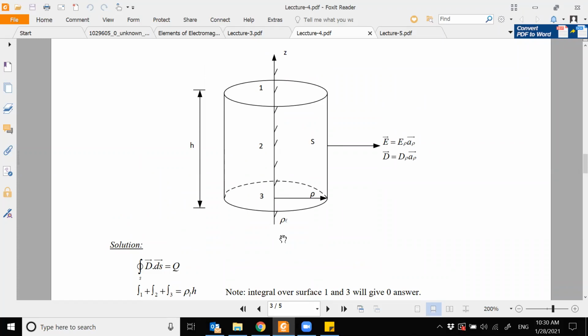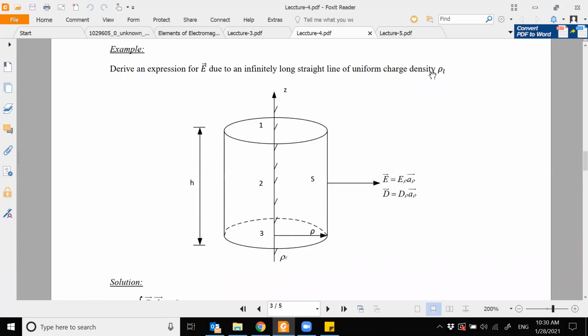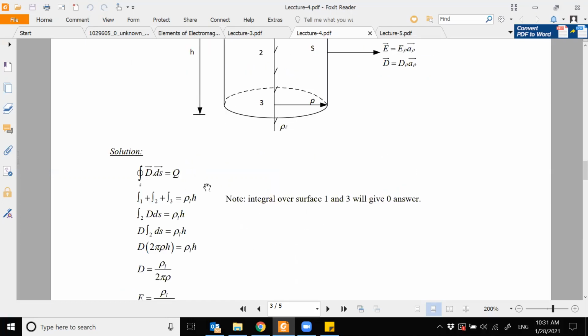It's an infinite line carrying a uniform charge density rho L. The length of the line enclosed in the cylinder is h. Multiplying the length h by the charge density rho L gives the charge enclosed, rho L times h.